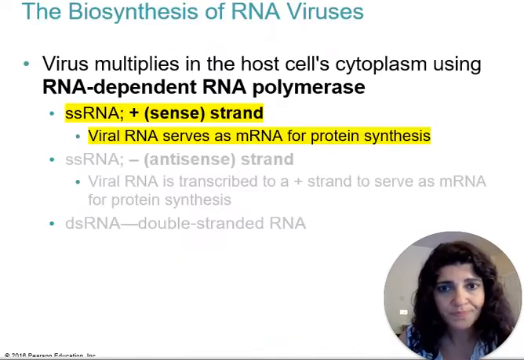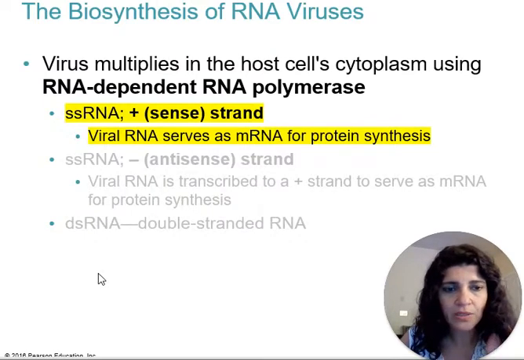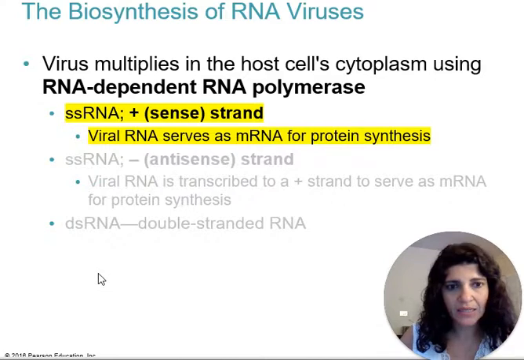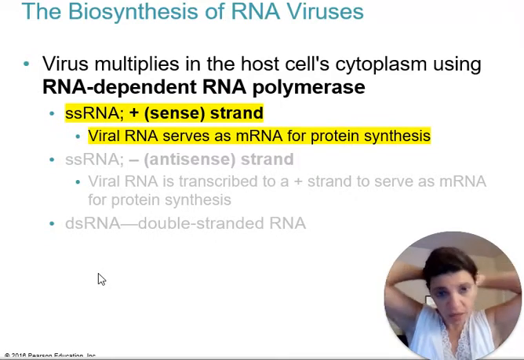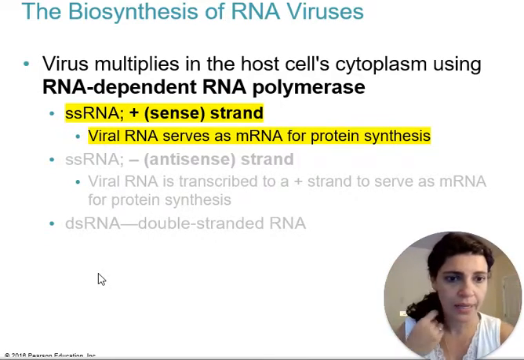Now we're going to talk about RNA viruses. It's a similar mechanism when the virus is RNA. Okay, when the genetic material of the virus is single-strand RNA or double-strand RNA.